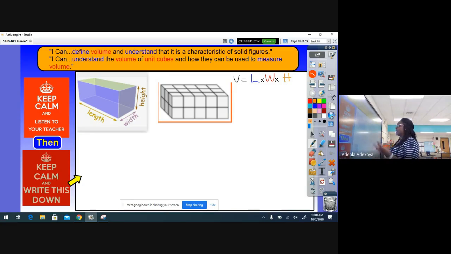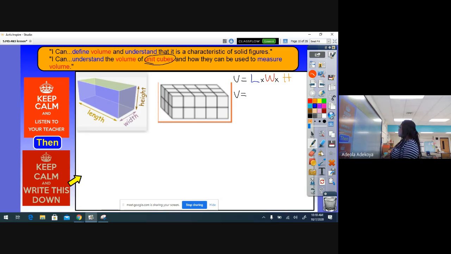Okay. And the volume is how much space is within that container. All right. So our volume here, again, I'm going to go ahead and plug it. And this time we're measuring in unit cubes. So since I have unit cubes, I'm going to go ahead and count those unit cubes. All right.